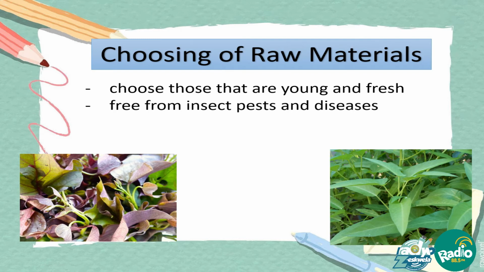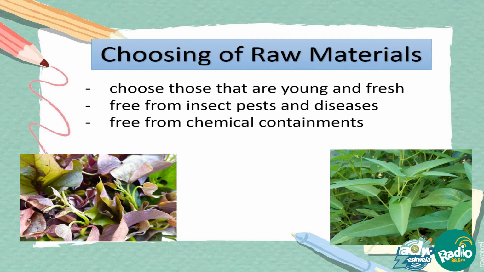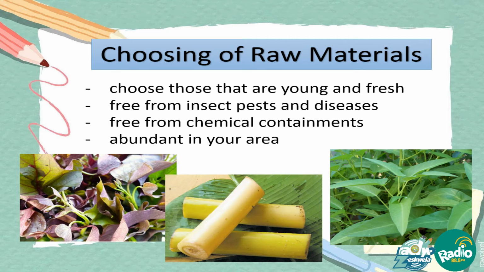The raw materials must also be free from chemical contaminants, since we are producing organic products, so chemical inputs or synthetic chemicals must be avoided. The fourth consideration is it must be abundant in your area or locality for you to have easy access to the source of the raw materials.